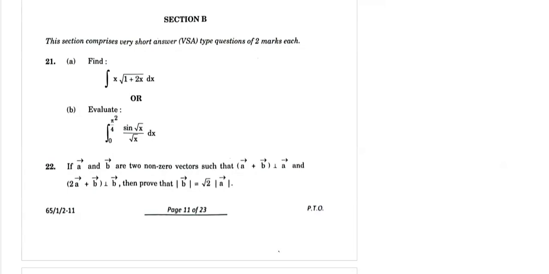So root x is there. To solve this, what we have to do, we will put root x is equal to t here. Now differentiate it. Derivative of root x is 1 upon 2 root x dx, which will be equal to dt. So this will give us that dx by root x is equal to 2 dt.